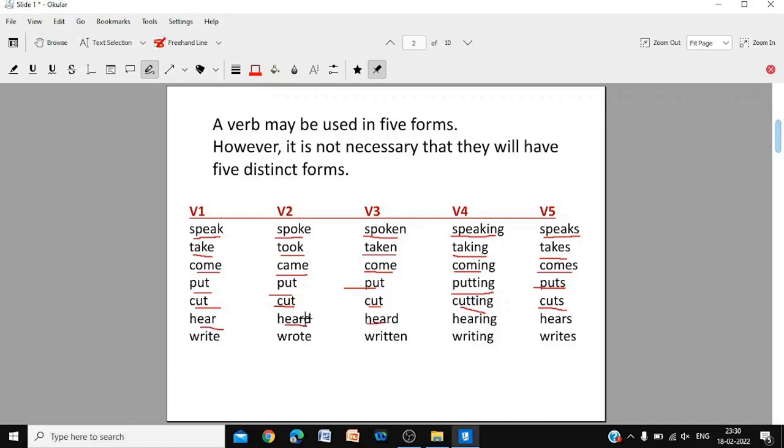See that V2 and V3 forms are identical. Hearing and hears. Write, wrote, written, writing and writes. Now we shall see how these verbs are used in different forms.